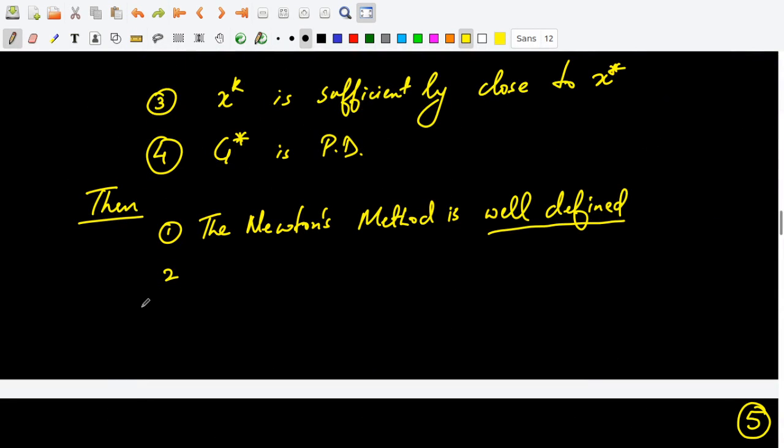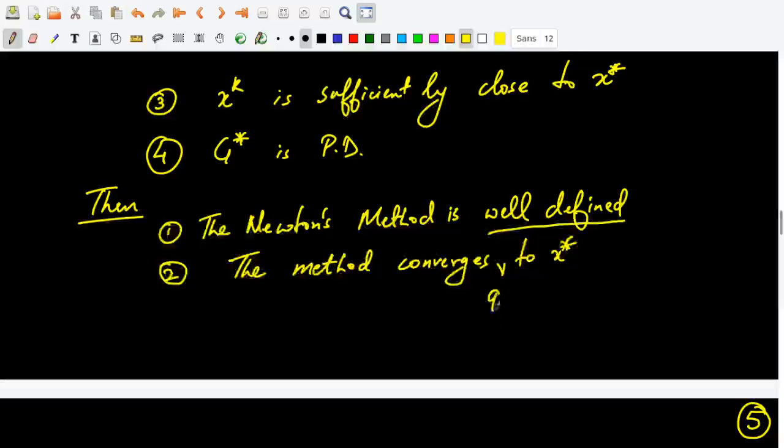Second, and more importantly, the method converges to the desired point very fast, and by very fast we mean quadratically. Or we say that the rate of convergence is of second order.